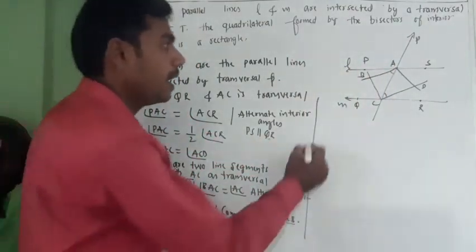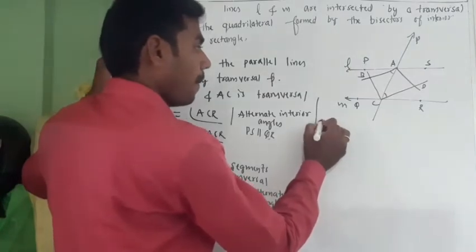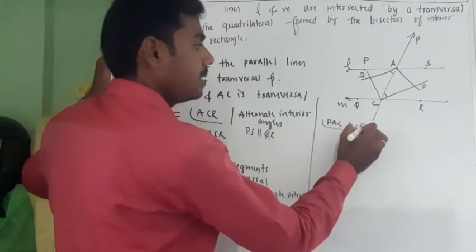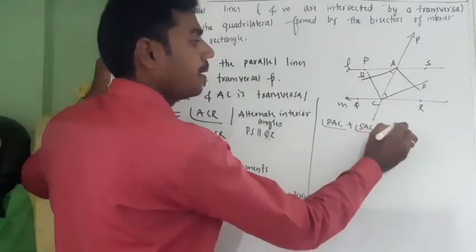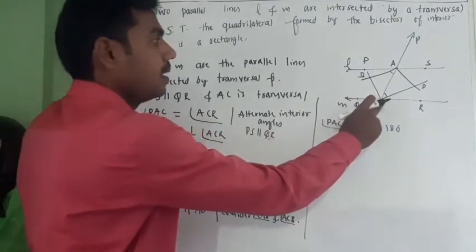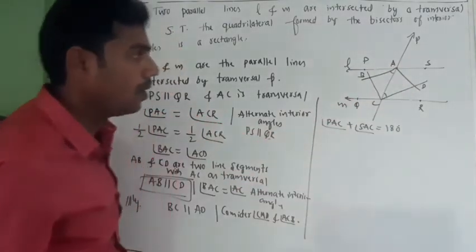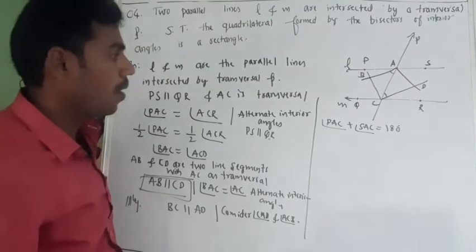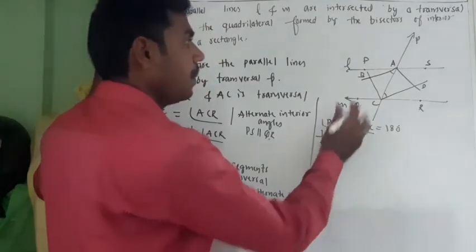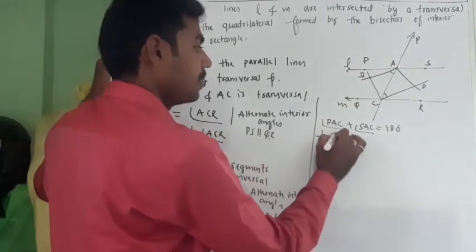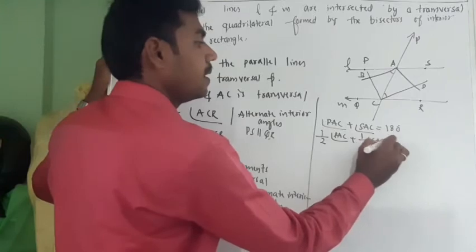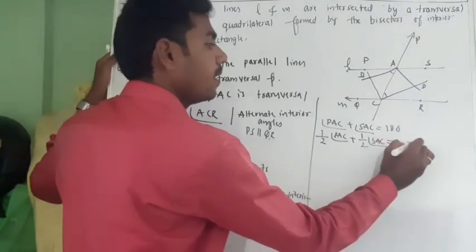For that, you know that angle PAC plus angle SAC is equal to 180 degrees. Now half of angle PAC plus half of angle SAC is equal to half of 180.